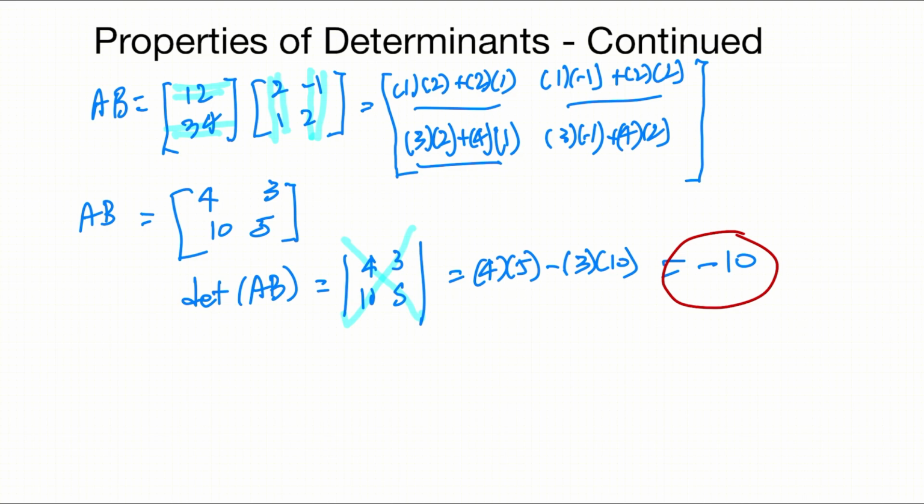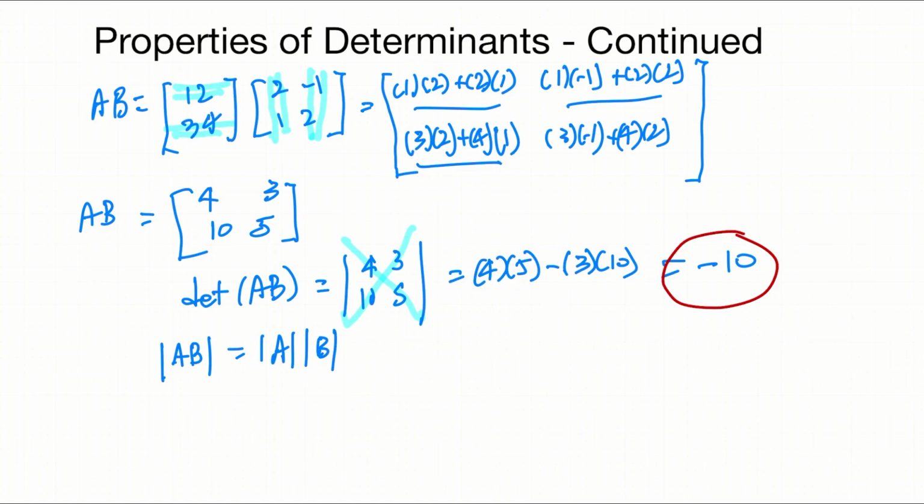Okay, so now let's check and make sure that this theorem is illustrated here. So we say the determinant of AB is equal to the product of the determinants. So that's what the theorem told us.